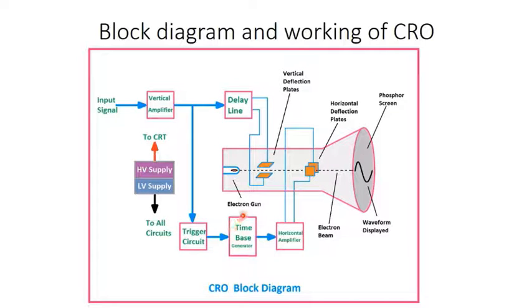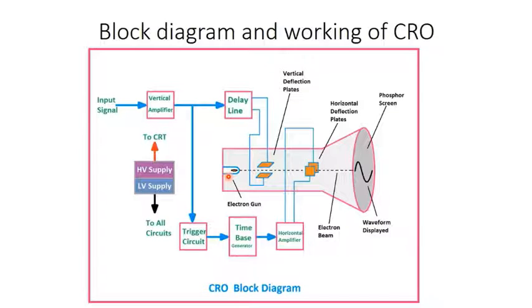So these time delay and the time base are to make the time lag and set the speed of your electron beam. To operate this CRO, we require two power supplies. One is a high voltage power supply, and the second one is a low voltage power supply. This low voltage power supply is utilized for all these components' working, and the high voltage power supply is given to the CRT, cathode ray tube.